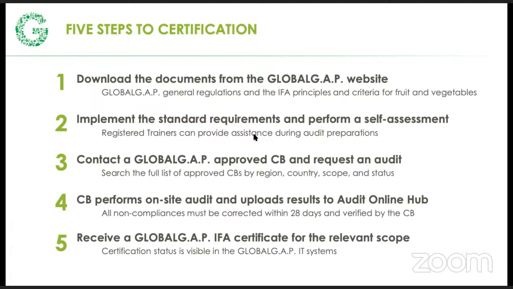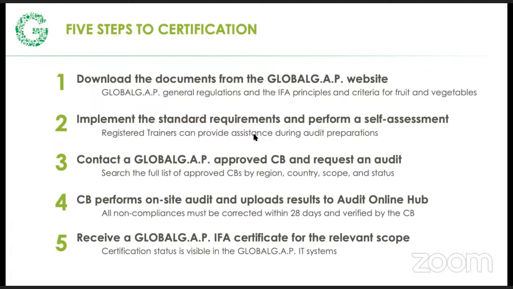So once they inspect, if they find areas where you're not compliant with the standard, they would document that, give it to you, and they would also enter that information in the Global Gap system. And you have a month, to be exact, 28 days for you to act on them.